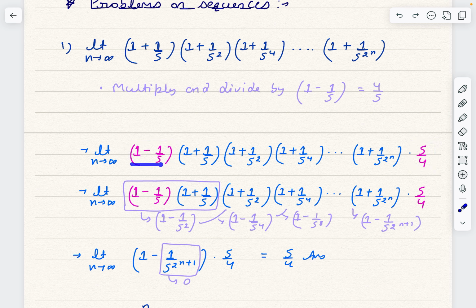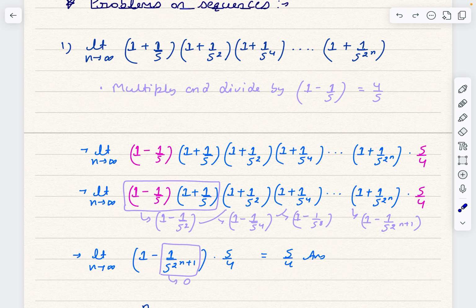And this 1 minus 1 by 5 I'll use here now. If I take this and this term, it's like (a plus b)(a minus b), it will become 1 minus 1 by 5 square. If you multiply this and this, it will become 1 minus 1 by 5 power 4. Multiply this and this, it becomes 1 minus 1 by 5 power 8. And finally, it will become 1 minus 1 by 5 power 2 power n plus 1.